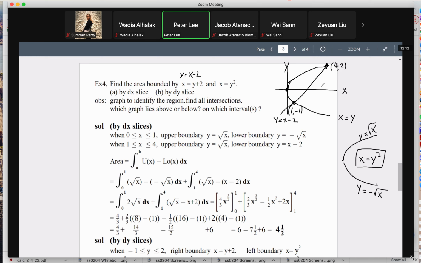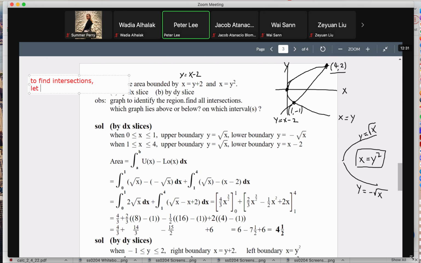So how do you find the points 4, 2 and 1, -1? Maybe I didn't do that here, but to find the intersections of these curves, what do you do?